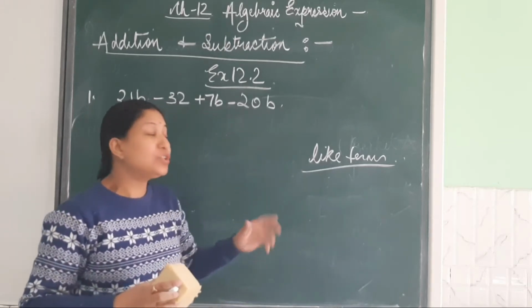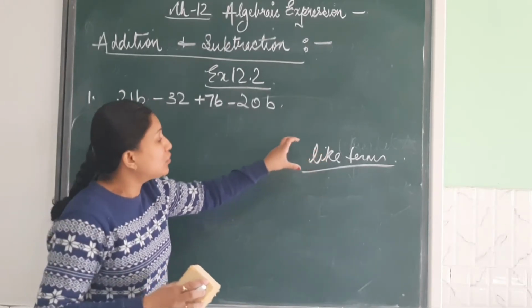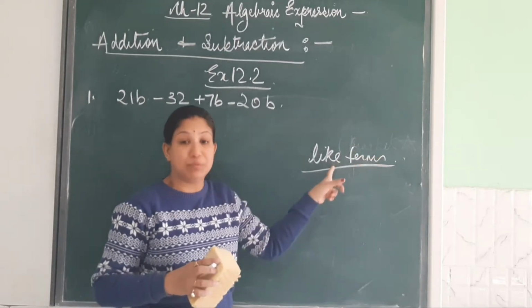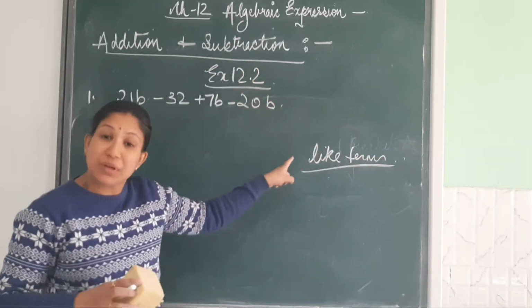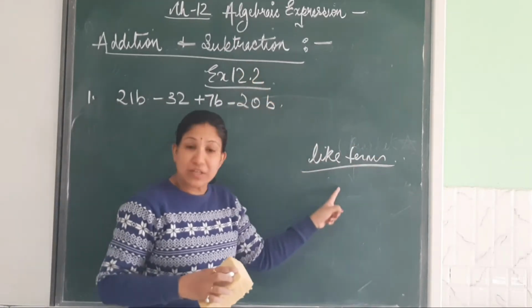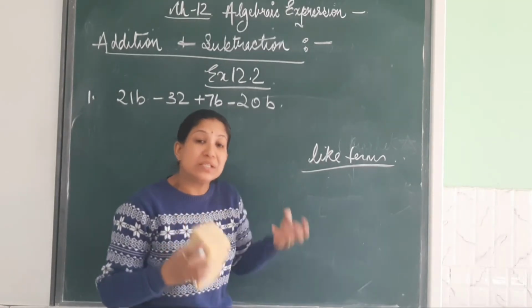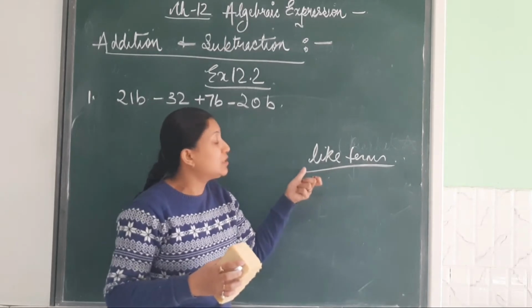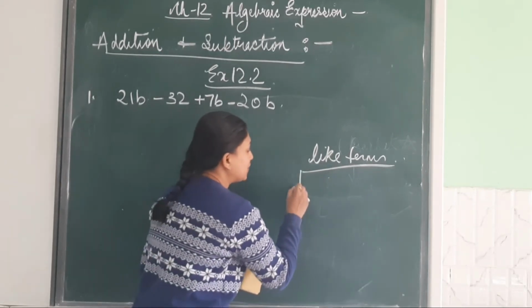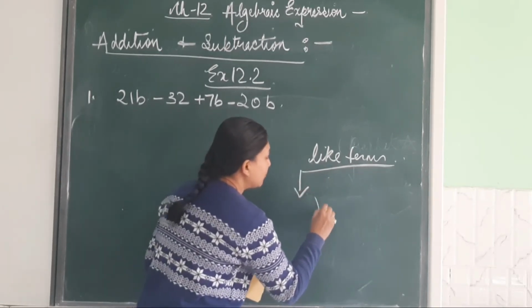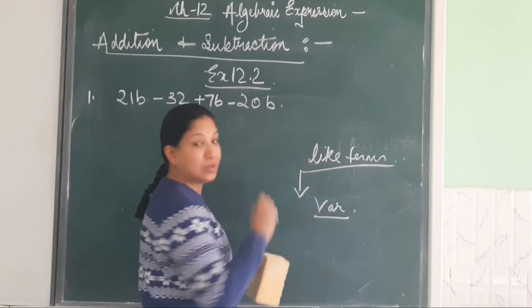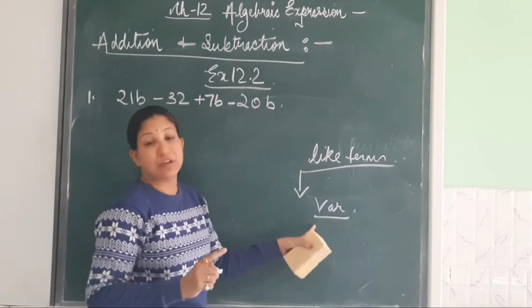So we have a definition of like terms in terms of the chapter. Here with algebraic expressions, we don't have decimals, we don't have numerator and denominator. So on what basis will we decide like terms? I have explained before also, on the basis of the variable. You have to check the variable.